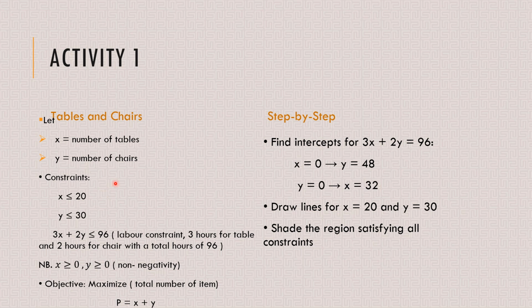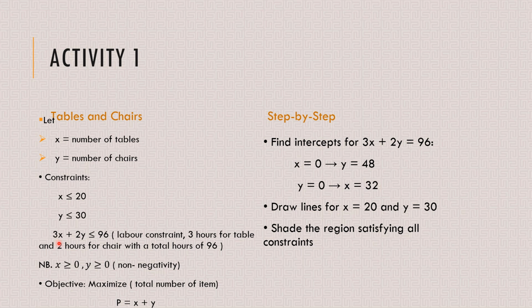We can also produce 30 chairs at maximum per day, so the constraint will be y less than or equal to 30, because the carpenter cannot produce more than 30 chairs. So it can be 30 and below. Then there is a constraint for the hours of labor.